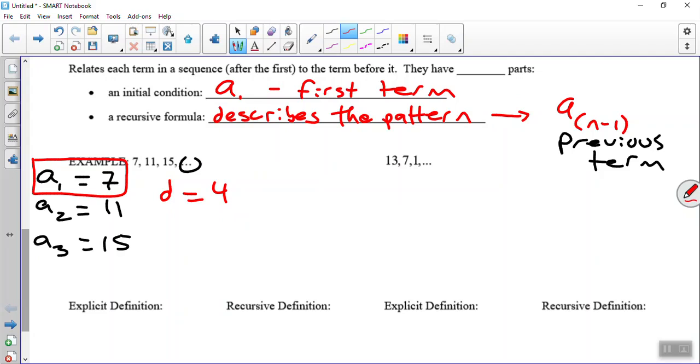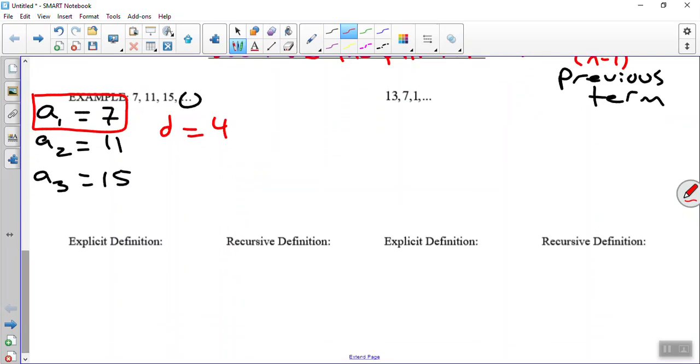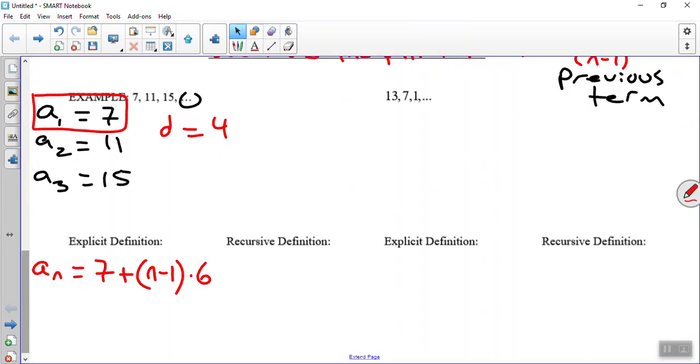So we have all we need for an explicit definition. You have A sub n equals the first term plus n minus 1 times 4. That's your explicit definition. I can plug any value in for n and get that term.